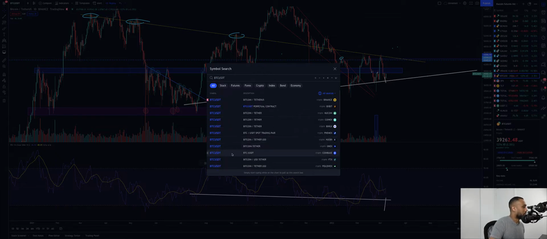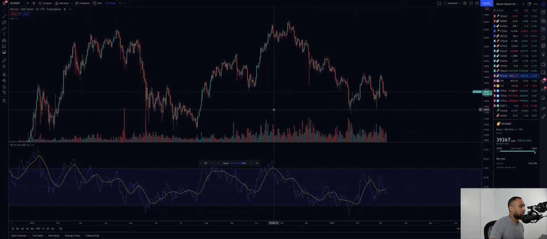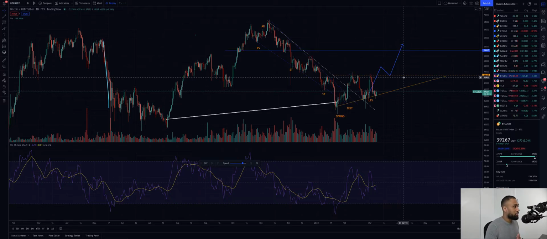So let's look at this Wyckoff chart. We're still in the Wyckoff accumulation schematic. However, I do want to let you guys know that if we print lower lows, if we go anywhere lower than that, then it's definitely invalidated.